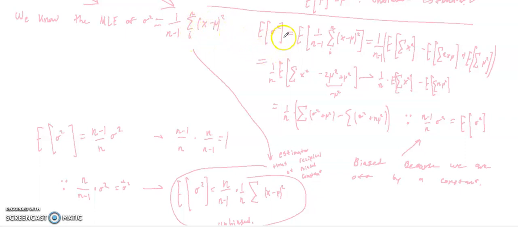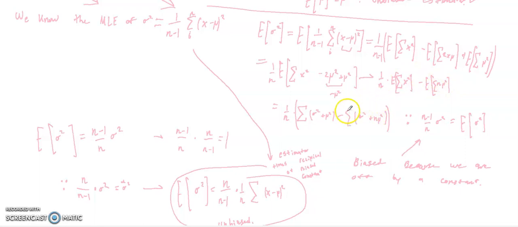So we find the expected value of both sides, and this is just a bunch of algebra and summation properties, but we factor out this inner part to expand the polynomial, and we factor out the common factor of 1 over n minus 1, and we find that we can simplify it to 1 over n times the expected value of the summation of x squared minus the expected value of the summation of n times mu squared.